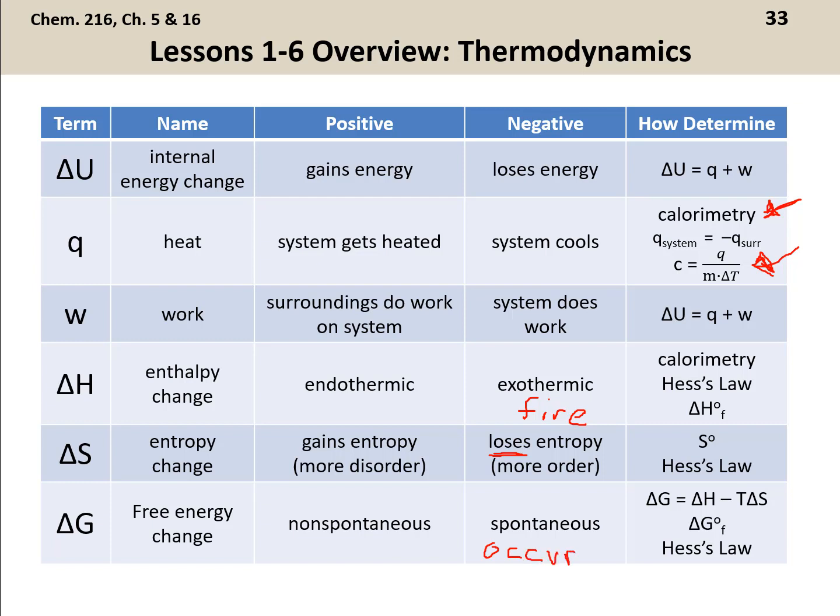And if it's non-spontaneous, that means it's positive, and that means it's not going to occur. All right, so we can figure out delta G from delta G equals delta H minus T delta S, or Gibbs free energies of formation, or we can actually use Hess's law. In the same way we use Hess's law for delta H, we can also for delta S or for delta G.